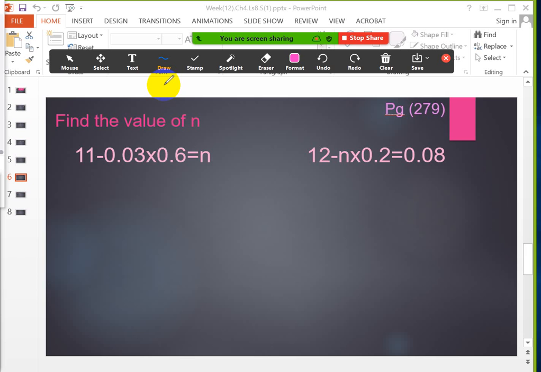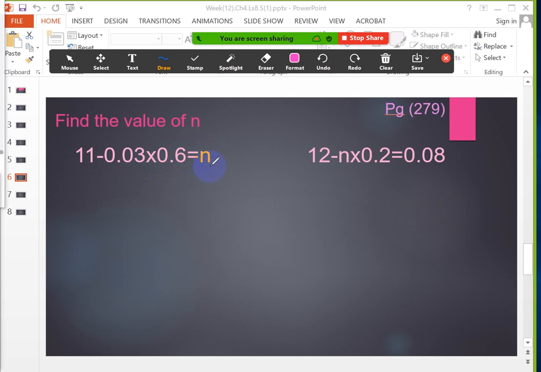I have to look at the n in the mathematical expression. This is a mathematical expression. I have to look at the n and then find the operation that I have to do to find the value of n. So here 0.3 hundredths multiplied by 0.6 tenths equals n.